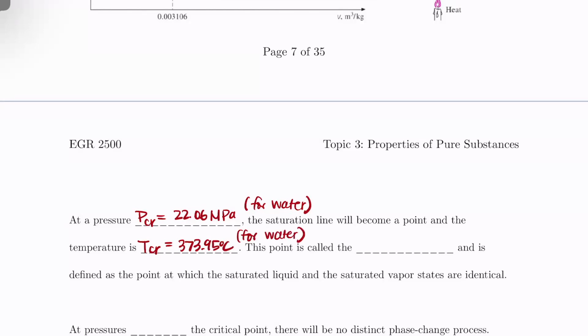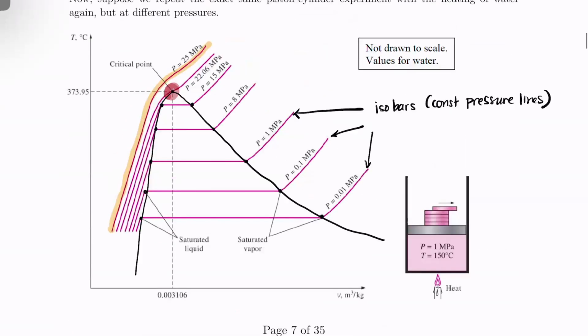And this point is called the critical point. And it's defined as the point at which the saturated liquid and saturated vapor states are identical. So we skip that mixture region of transitioning from a saturated liquid to a vapor, and it goes immediately from saturated liquid to saturated vapor. Okay. I forgot to put on here, this black line is called the saturation line.